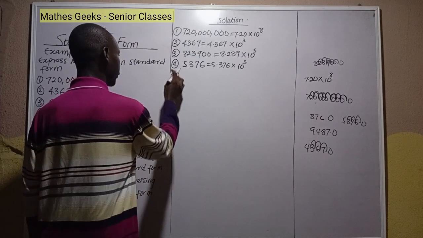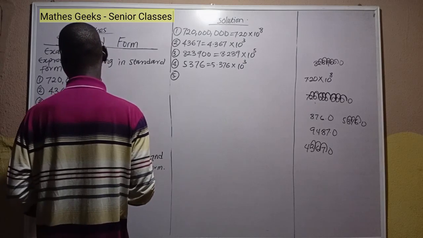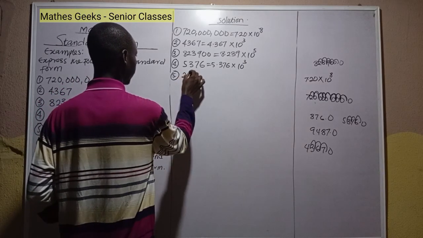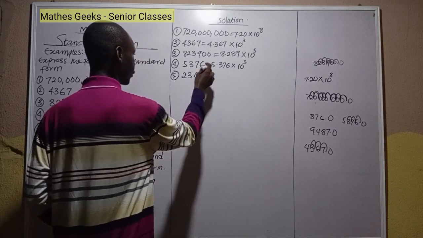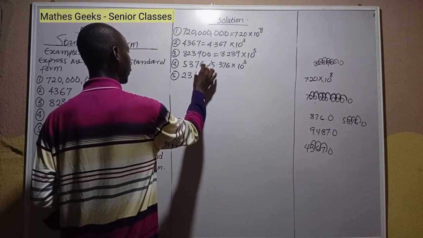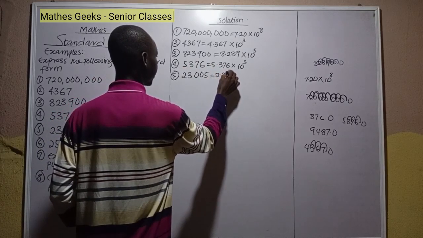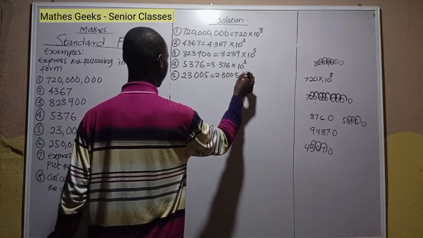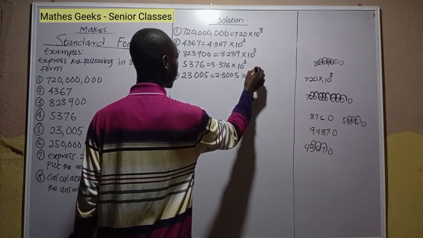Number 4, 5, 2, 0, 0, 0, 5, 2, 2, 0, 0, 5 equals, so we move it from here, 1, 2, 3, 4, 2.2005 times 10 to the 4.